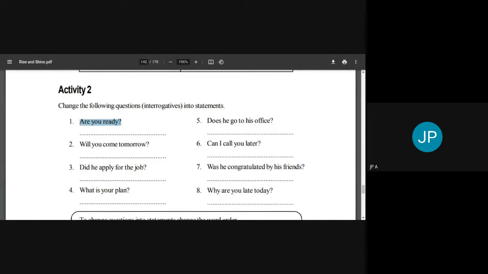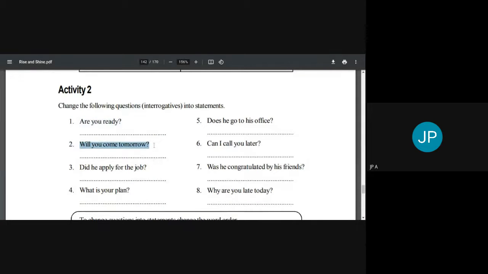It is the structure or the syntax which decides what type of sentence it is. The structure decides whether it is a question or a statement, not just the words. Words alone cannot make a question; you have to write it in the proper structure also. So you are ready is the structure of a statement. So we remove the question mark and change the structure, and it becomes a statement.